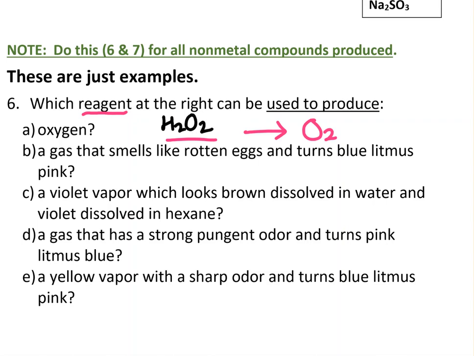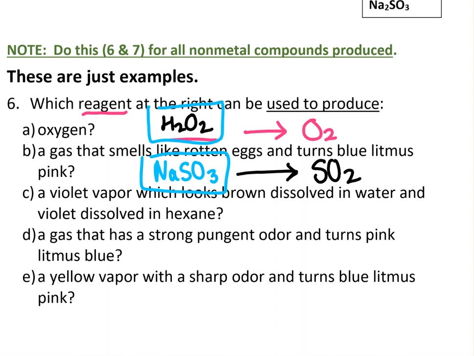Okay, this next one, they're describing the product. And so what smells like rotten eggs and turns red litmus pink? Well, that was this one. And then your question would be, which of our reagents did we use to make that? And we used sodium sulfite. And this is multiple choice, so you'll be given these to choose from.